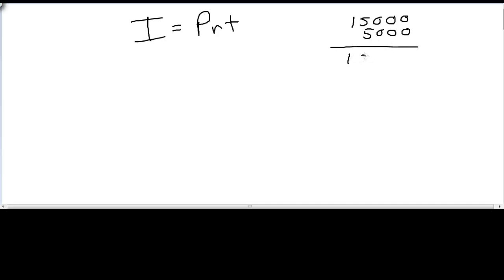So using our formula, I equals PRT. Again, we want 15,000. We have 5,000. The difference is the interest that we want to make up. So 10,000 equals, we started with $5,000. The rate is what we don't know. We're trying to figure that out. And time is 6 years. So I put that in as well.